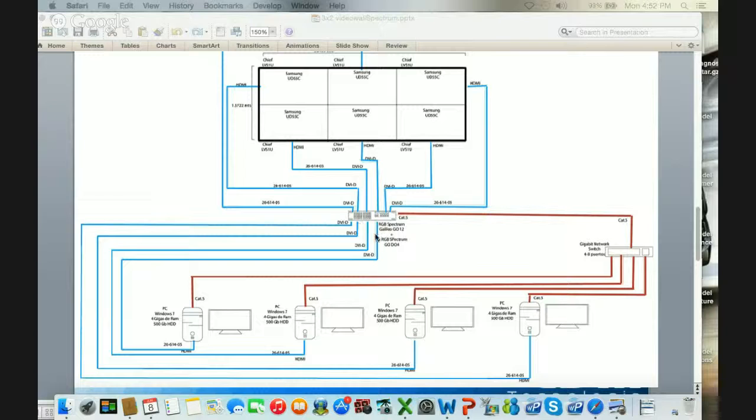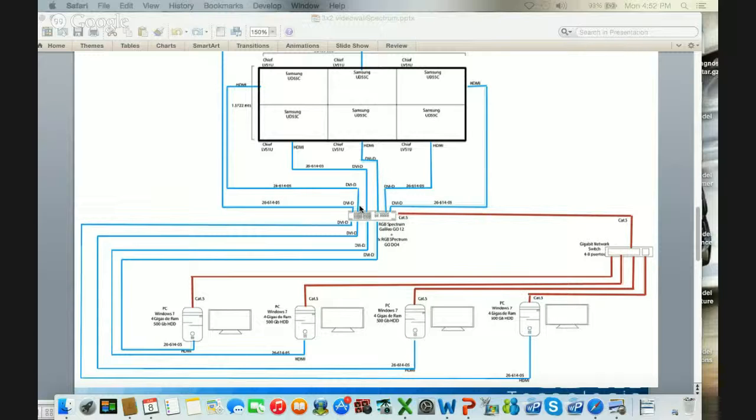What cards are we using in the GO12 chassis? We are using the 4x4 and the 0x4. Those are the cards that we are using to make 4 inputs and 8 outputs. Out of those 8 outputs, we are just using 6.